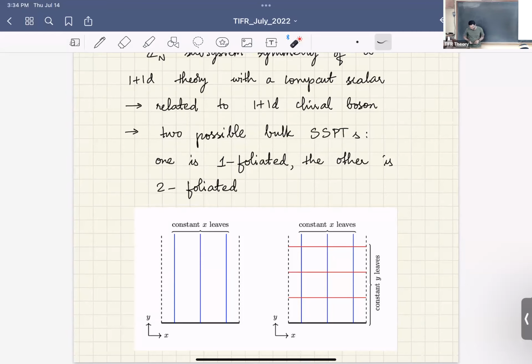But in these cases, it's not clear what structure you want to preserve. You could say that you want to preserve only the minimal foliation possible, which would choose this SSPT here. But you could also allow for more complicated foliation structures, in which case you have more possibilities.